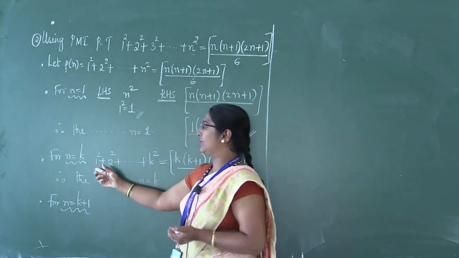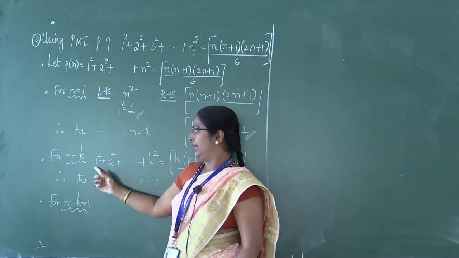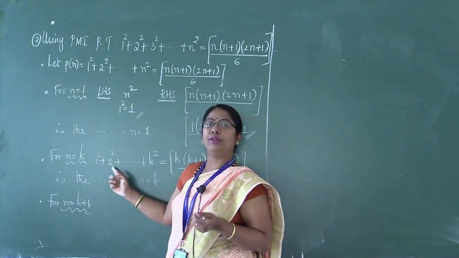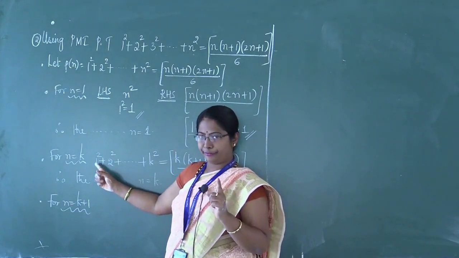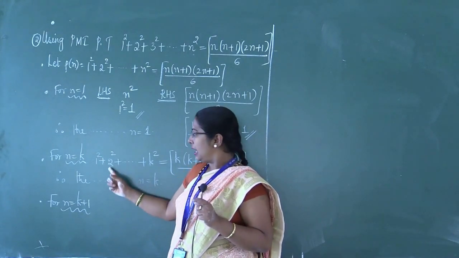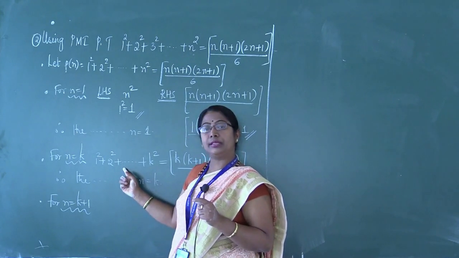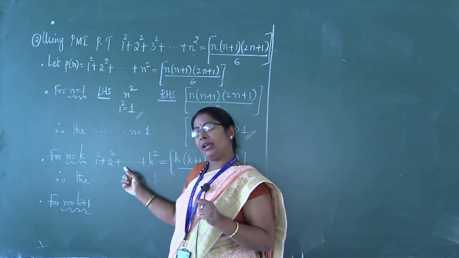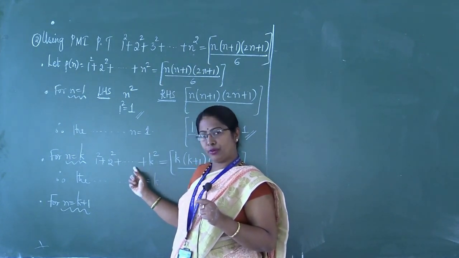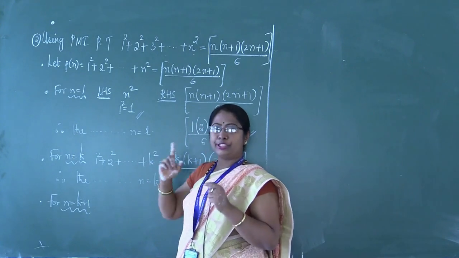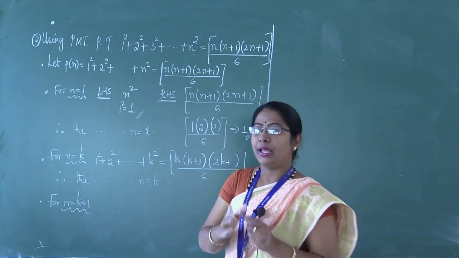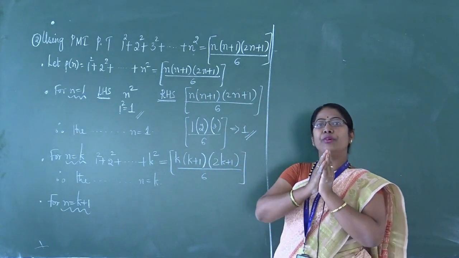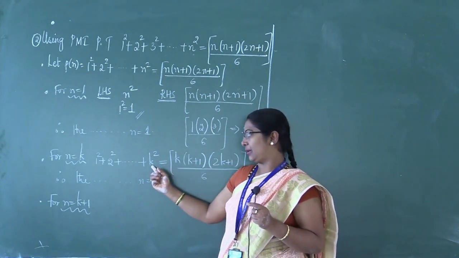Observe this step here. 1 square I have. After 1 square, what do I have? 2 square. That is, I have added 1 to the first term to get 2. After 2 square, the third term will be 3 square. After 3 square, it will be 4 square and so on. So, to get the next term, I will add 1. And what is the last term of the LHS? k square.